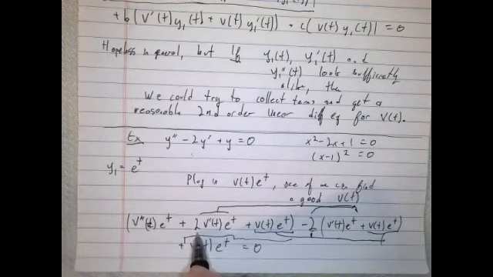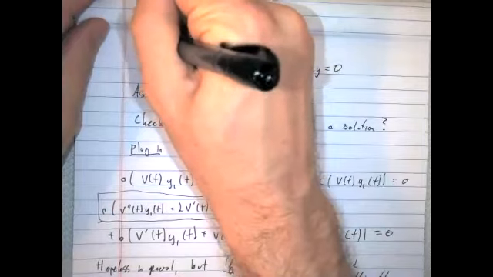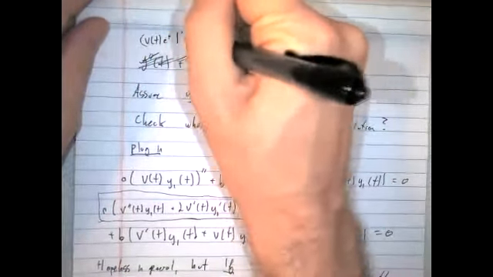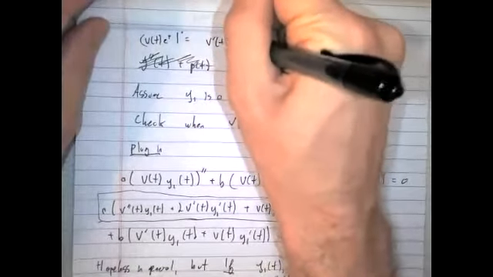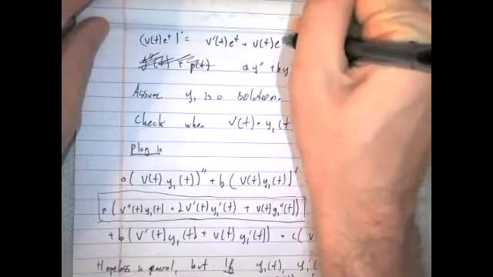Yeah, so this just comes from the fact that I'm doing 2 copies of the product rule, right? So I can do this computation up here. The first derivative of v of t e to the t is equal to v prime of t e to the t plus v of t e to the t.